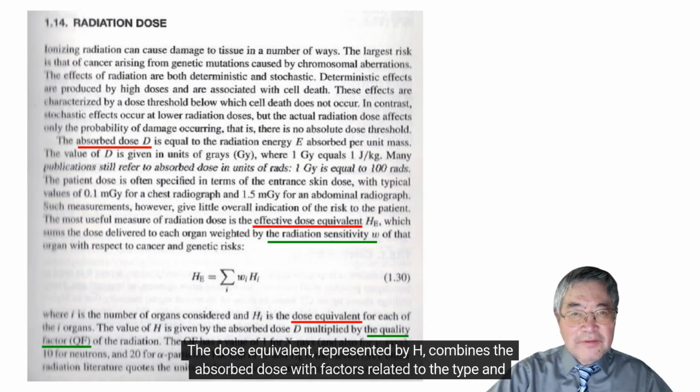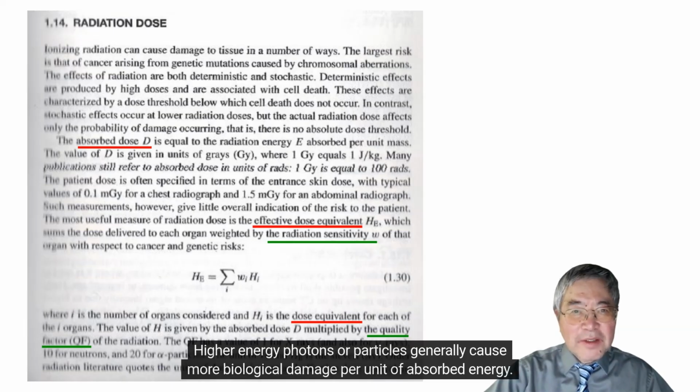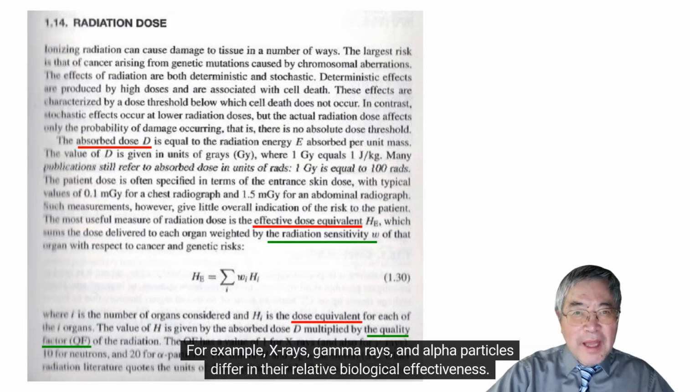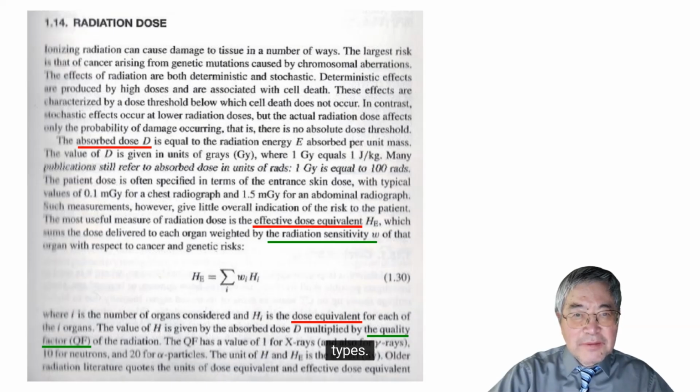The dose equivalent, represented by H, combines the absorbed dose with factors related to the type and energy of radiation. Higher energy photons or particles generally cause more biological damage per unit of absorbed energy. For example, X-rays, gamma rays, and alpha particles differ in their relative biological effectiveness. To account for this, a quality factor QF is applied to quantify the biological impact of different radiation types.